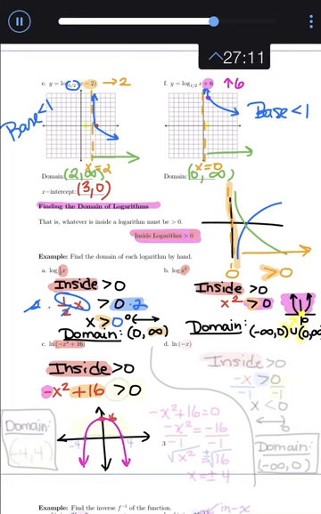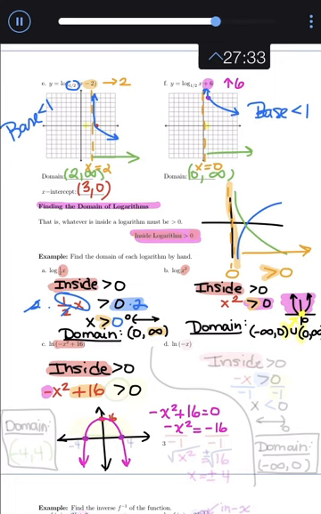We also know where it's going to cross the x-axis because that's when it equals 0. We talked about this before. When will negative x squared plus 16 equal 0 when you cross the x-axis? Well, you can solve this like you would a normal equation. Subtract the 16 from both sides.